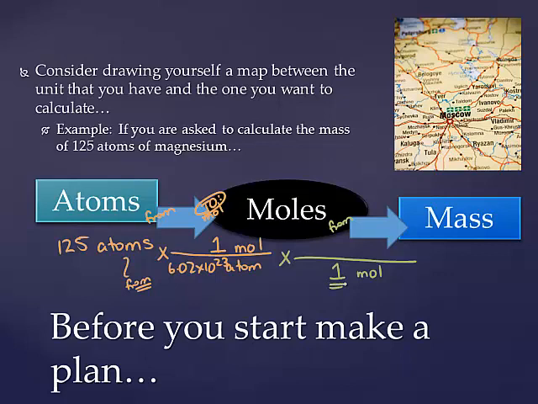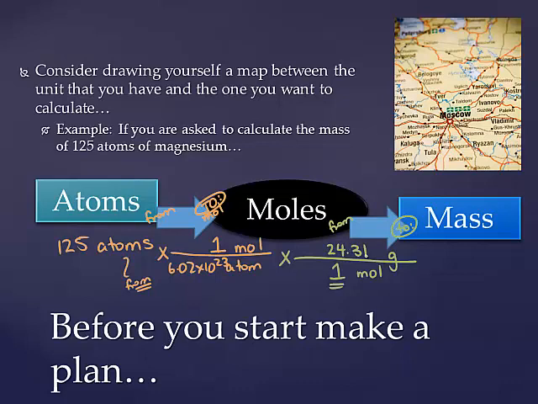The unit that I'm going to is grams because it's for mass. The to unit goes on the top. And when we look at the relationship between mass and moles, this is our molar mass, and that comes from the periodic table. So for magnesium, the molar mass is 24.31.